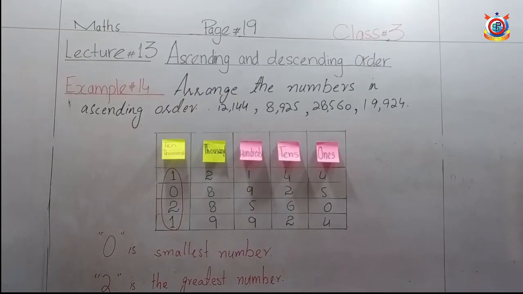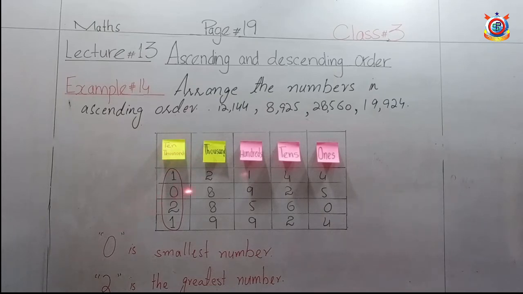Now students, to teach you better, have a look on board. You have example 14. Arrange the numbers in ascending order. These are the 4 numbers. I made a table here. Look at ones, tens, hundreds, thousand and 10,000s.